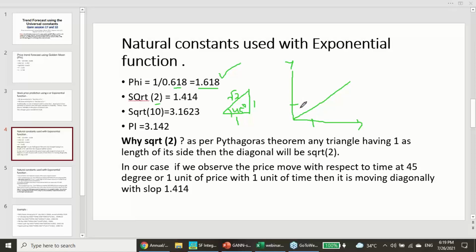If a 5 rupee movement happens in 10 minutes, or a 10 rupee price movement happens, then if I join all those prices, I am going to get a 45 degree trend line. For that reason, this constant is also very, very important for me, because I am not going to draw a big trend line and introspect on that.